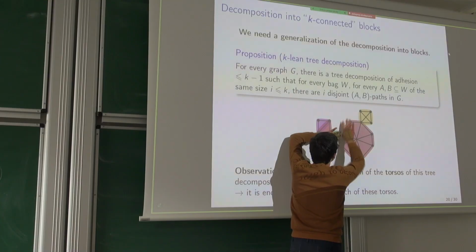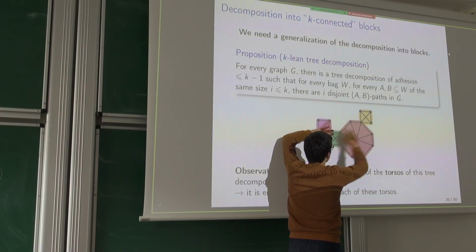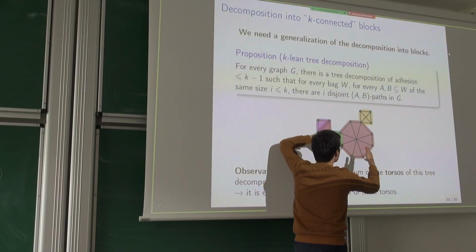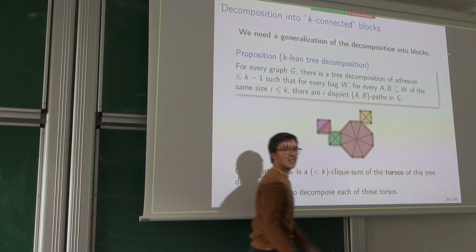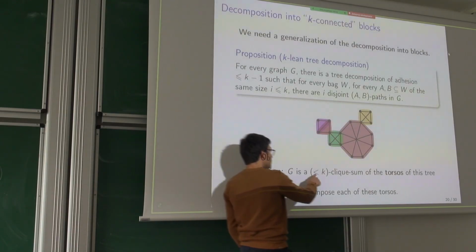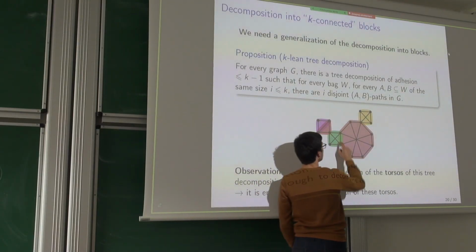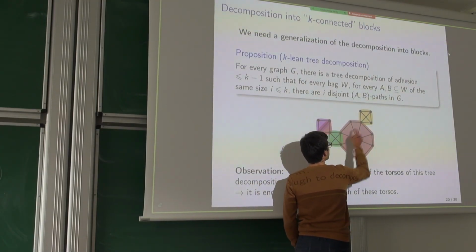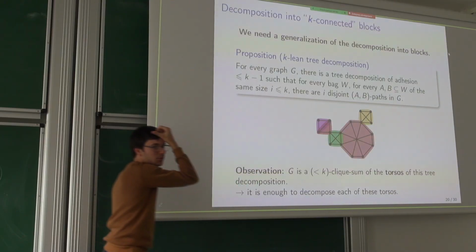So you can put a clique on this adhesion on the left side and on the right side, and then you can say that my original graph was a clique-sum of this and this. Usually we say that G is the less-than-k clique-sum of the torsos of every bag, and the torso of a bag is the graph induced by a bag plus some cliques on the adhesions around the bag. This will also be a problem.